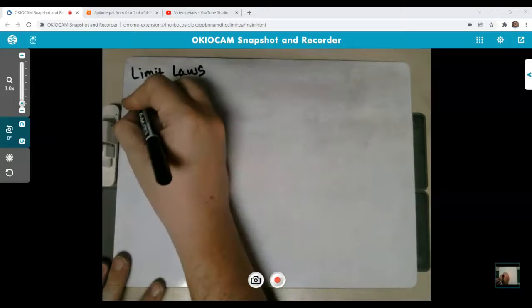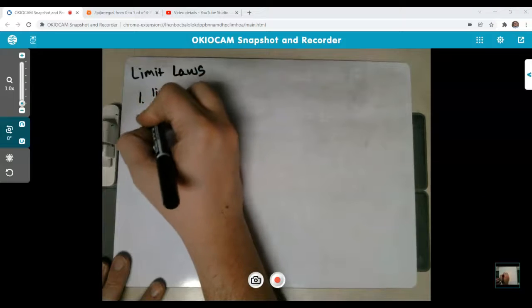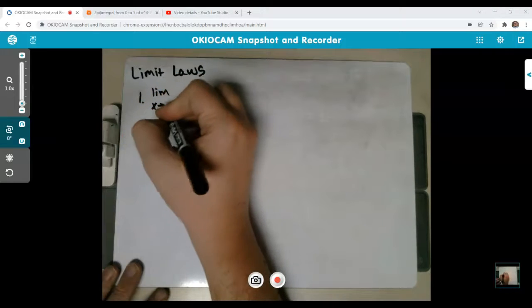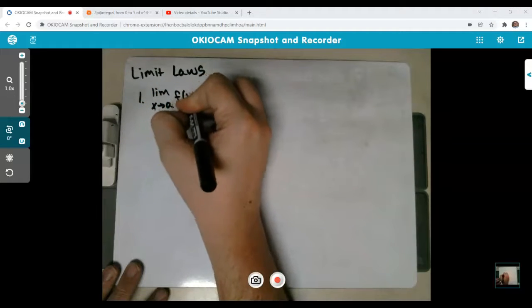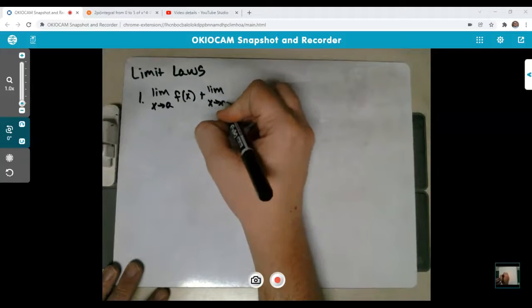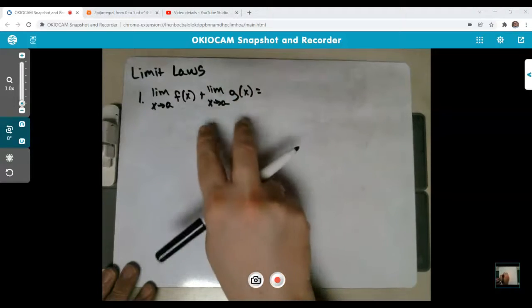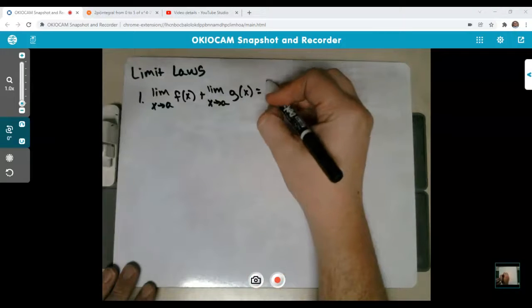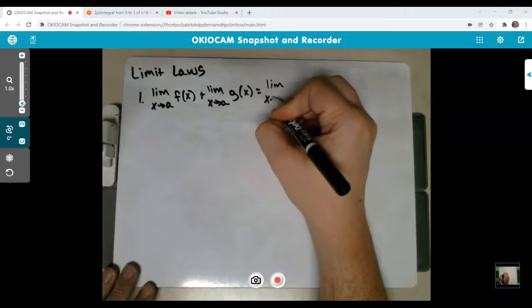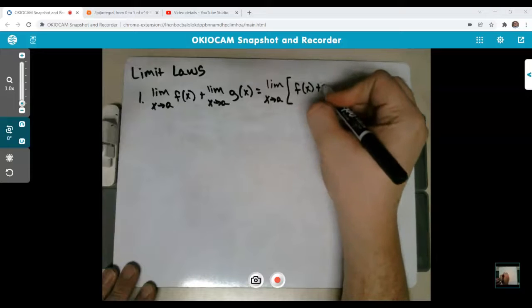The first one is that the limit as x approaches a thing, I'll just say a, of f of x, plus the limit as x approaches that same a of another thing, g of x. I can actually do this by making it one thing. So that's the limit as x approaches a of f of x plus g of x.